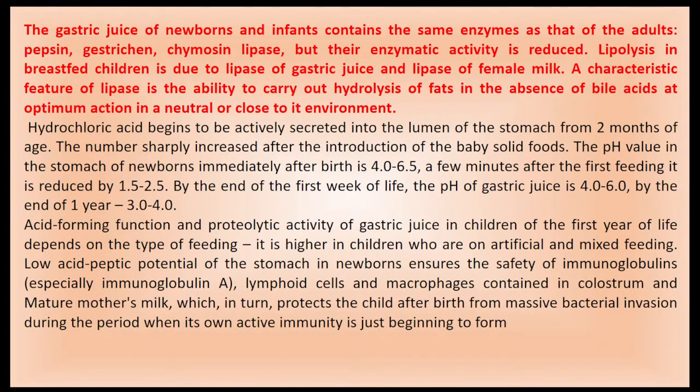Low acid peptic potential of the stomach in a newborn ensures the safety of immunoglobulins, especially immunoglobulin A, lymphoid cells, and macrophages contained in colostrum and mature mother's milk, which in turn protect the child after birth from massive bacterial invasion during the period when its own active immunity is just beginning to form.